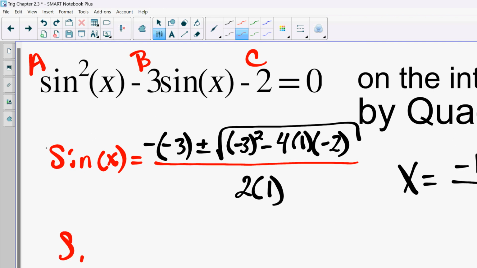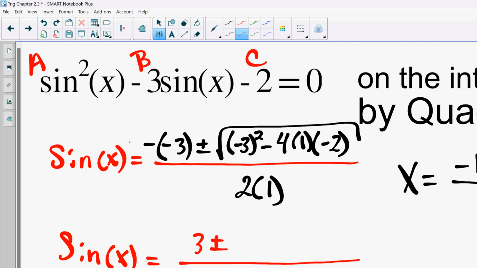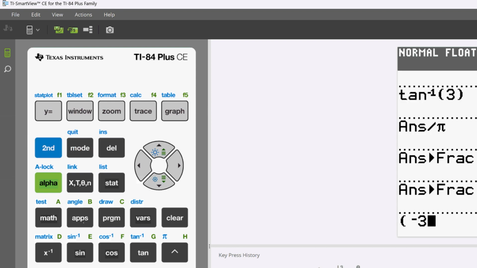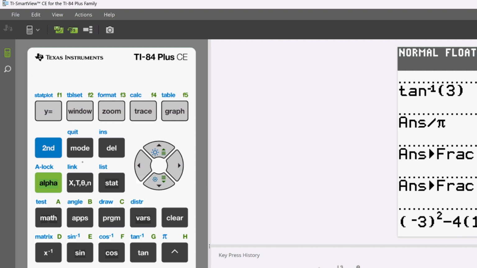Now at this point here, we can start simplifying our expression. Well, negative 3 is 3. 2 times 1 is 2. Now again, I wouldn't plug everything inside the radical into the calculator at this point. I would just plug what's inside. So we would have negative 3 squared minus 4 times 1 times negative 2.